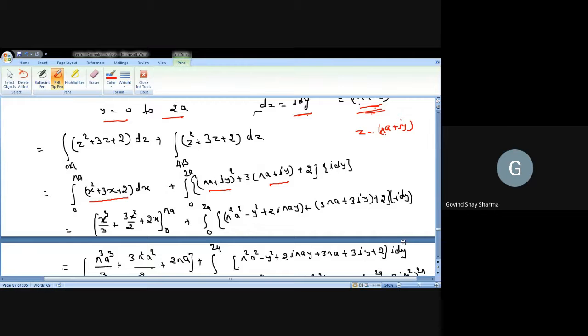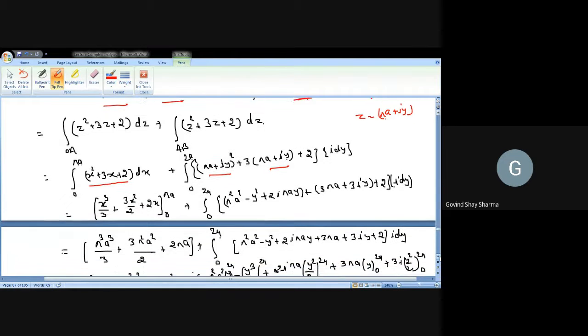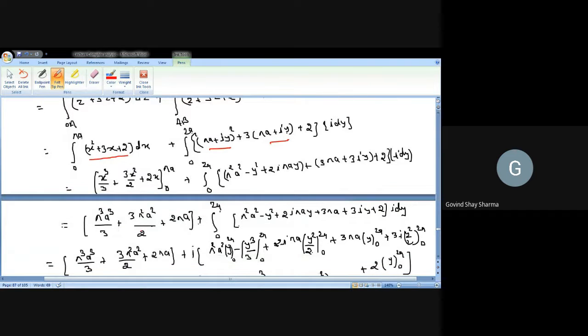Now we solve this. For OA, z becomes x. x³/3 + 3x²/2 + 2x from 0 to π. And here from 0 to 2a: π²a² − y² + 2iπay + 3πa + 3iy + 2, times i dy.